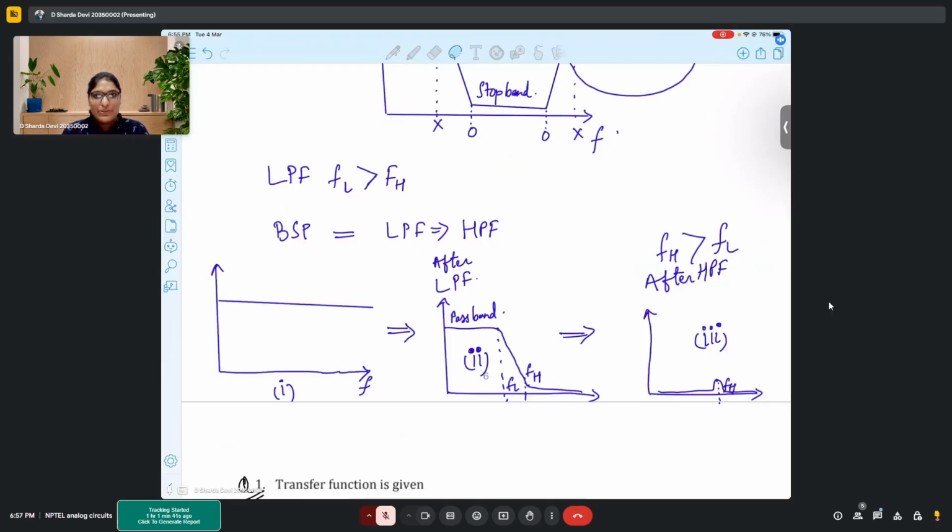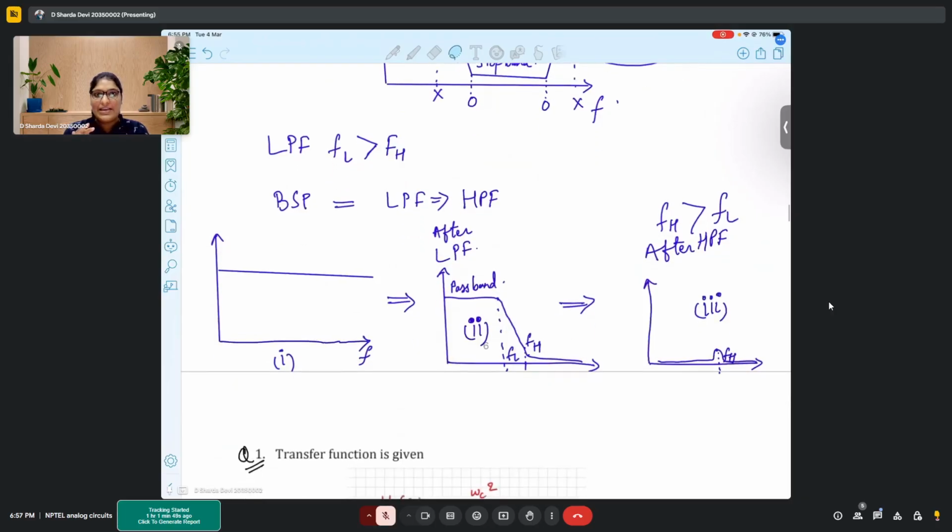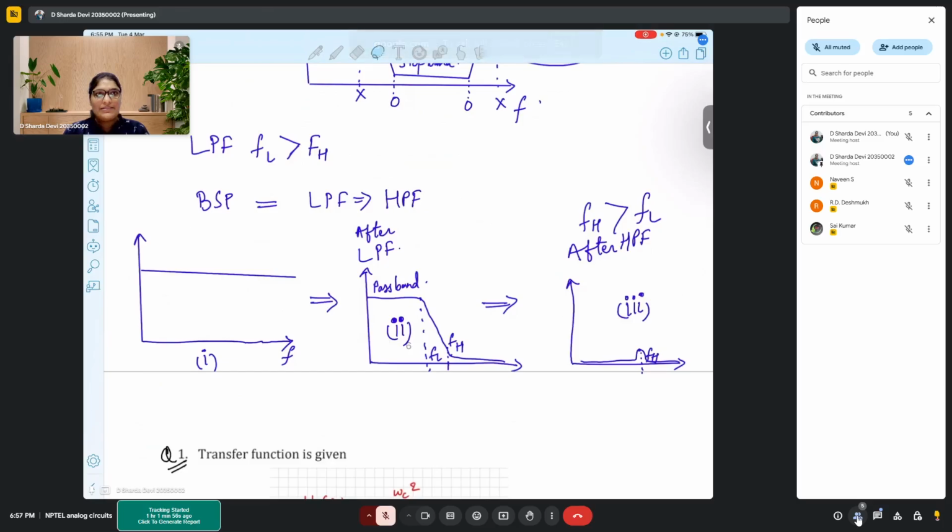Okay, how many of you think that the analysis that I have done from 1 to 2 to 3 in this particular graph is correct? Raise your hands. Those who think the analysis is correct, please raise your hands. Now, those who think the analysis is incorrect, please raise your hands.